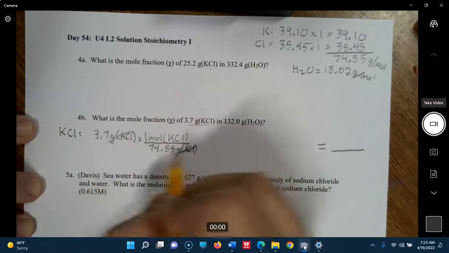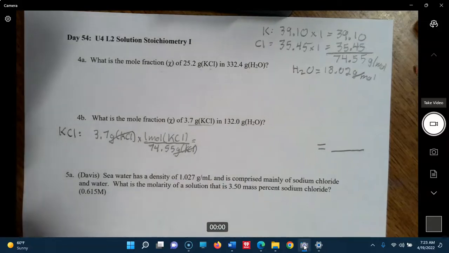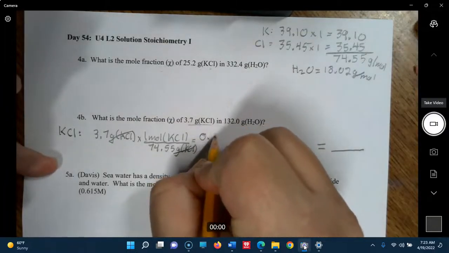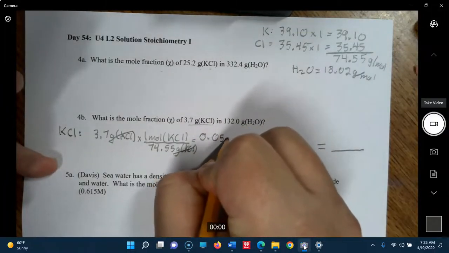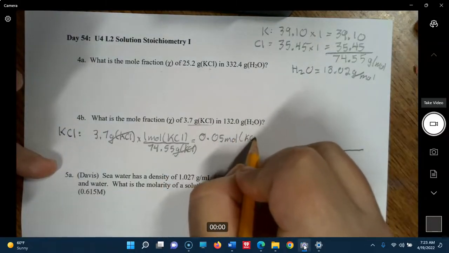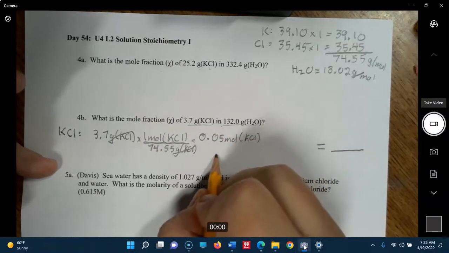Grams KCl cancels, and we have 3.7 divided by 74.55, get that right, and that's 0.05 moles KCl. Okay, for water, do the same thing. It's 132 grams.